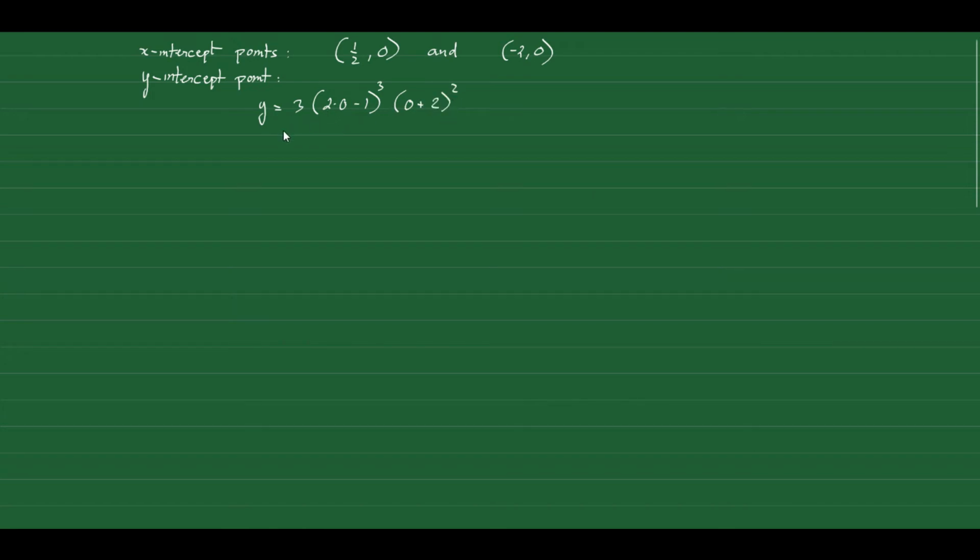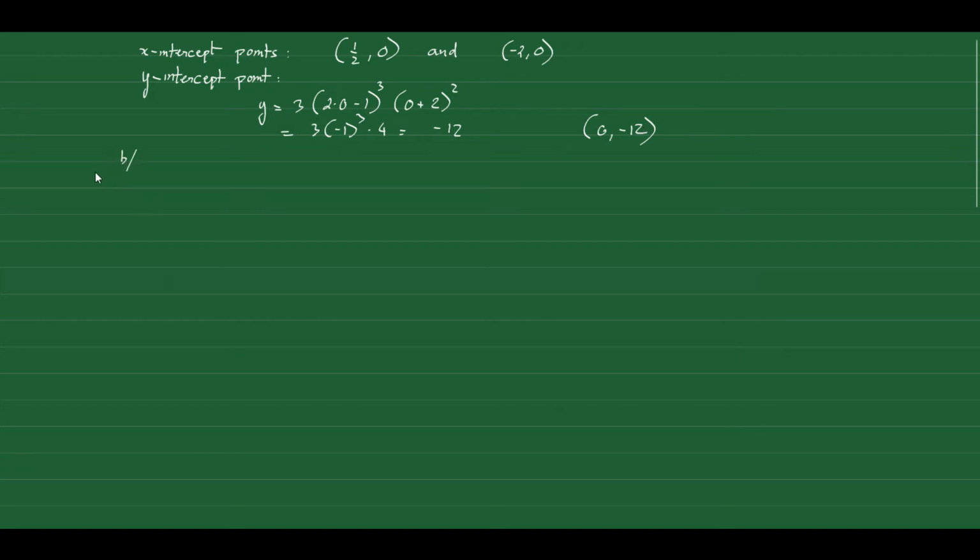Now we go ahead and calculate. You have (-1) raised to the third, 2 squared is 4, so -3 times 4 is -12. So the y-intercept point will be (0, -12). There you go. Very easy. That's part A.